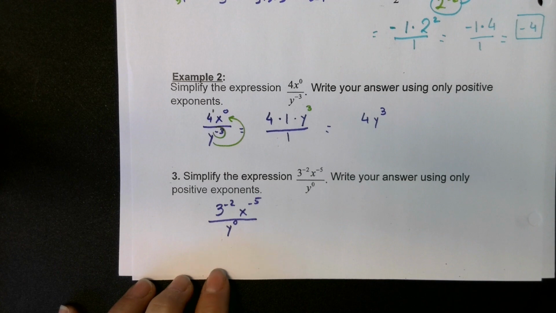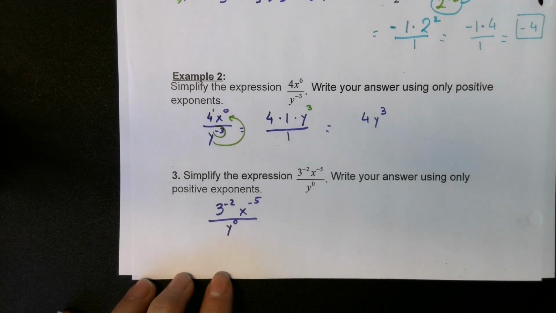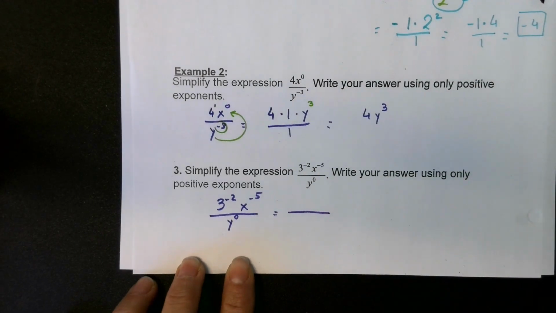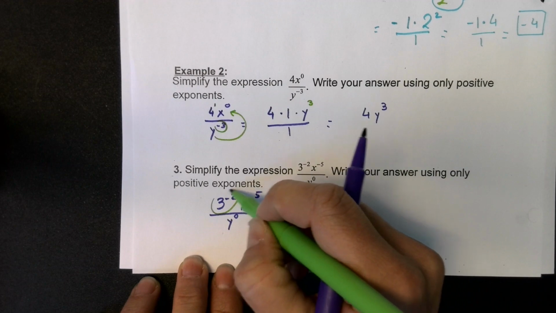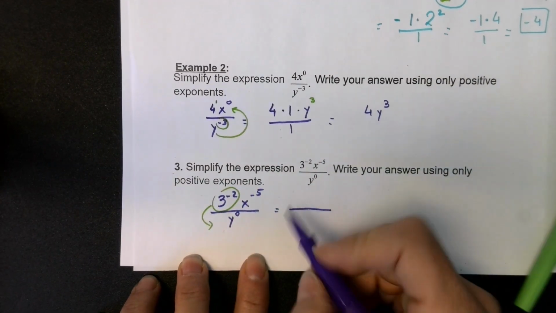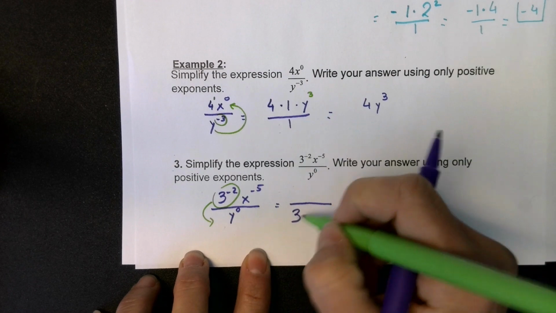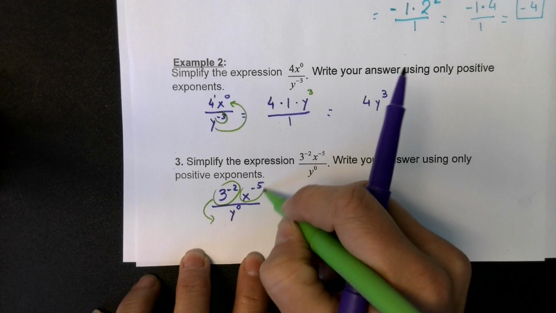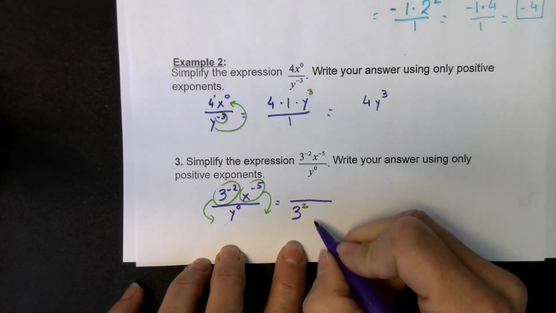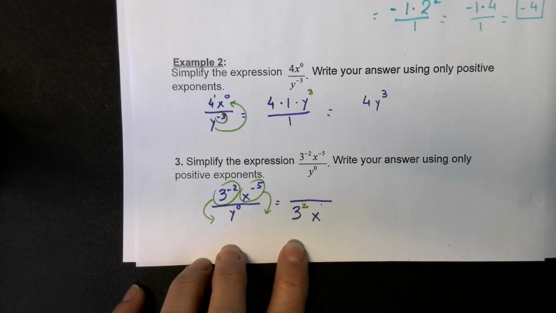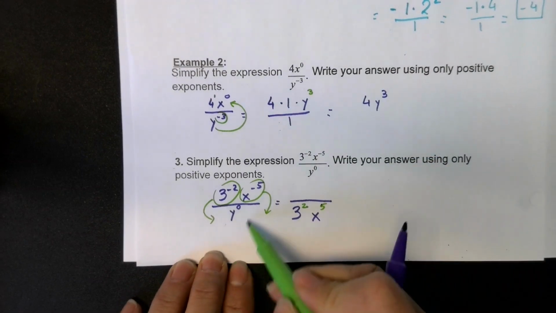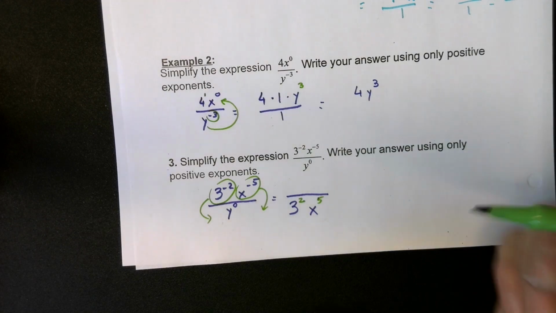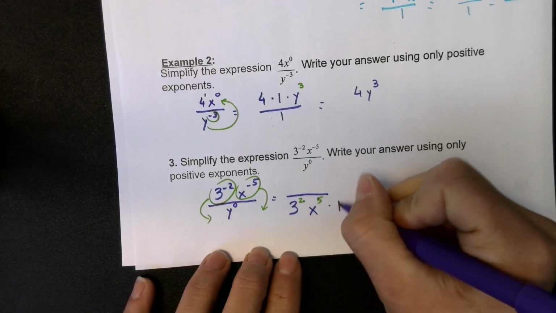So we have 3 to the negative second, we have x to the negative fifth, and then we have y to the power of 0. Maybe simplify it, right? We have to move that 3 into the denominator. So 3 now becomes a positive second exponent. We have to also move that x because we have a negative 5. So now it becomes positive. And then what about the denominator? We have y to the power of 0. And the power of 0 is 1, right? So we can just change it to times 1.